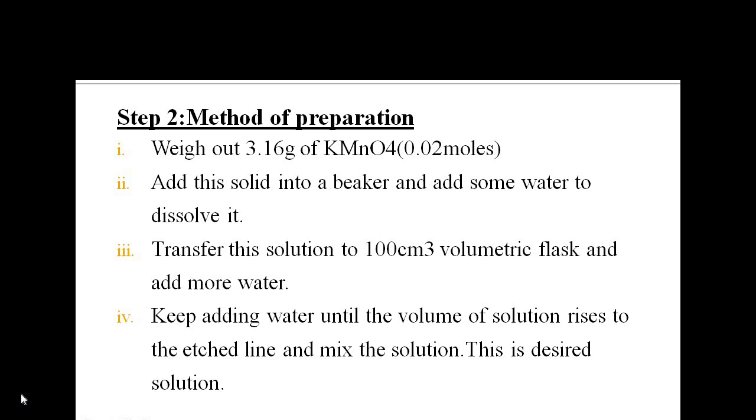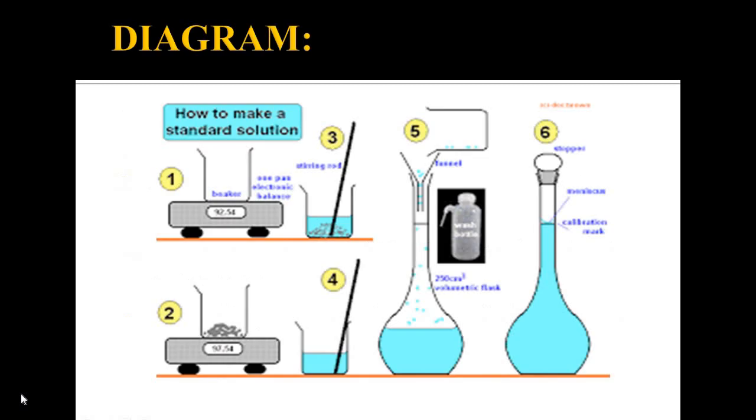That mass is dissolved in a small amount of water and mixed, then you take the specific volumetric flask of the required volume. Here it is 100 centimeter cube, so I take the 100 centimeter cube flask and add more and more water until the volume reaches the calibration mark or etched line, and mix the solution. This is the desired solution.